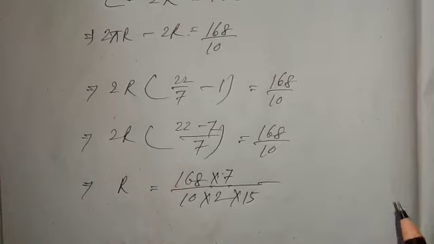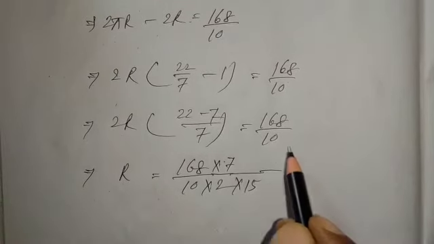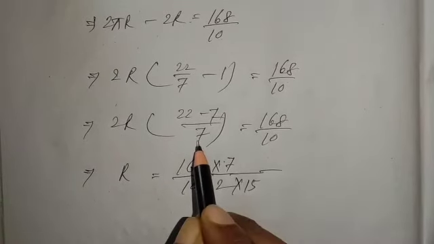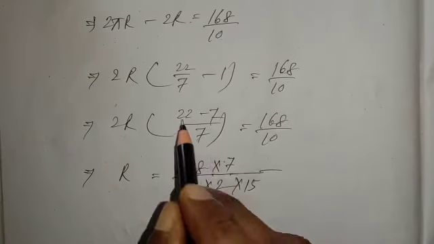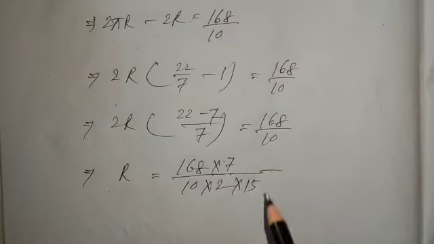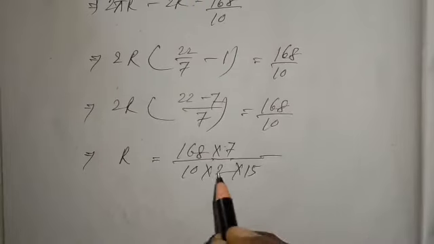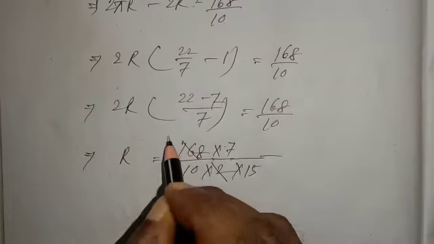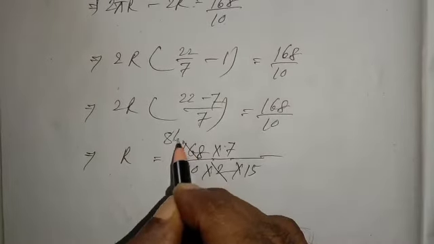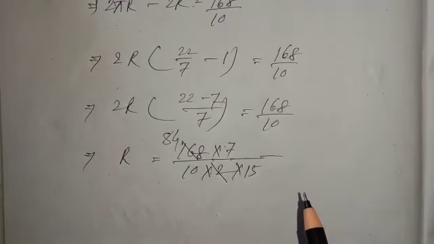The 2 will be divided, and 7 will be multiplied, and 15 will be divided. Now you see, this will go by 2: 2 eights are 16, 2 fours are 8, 84.